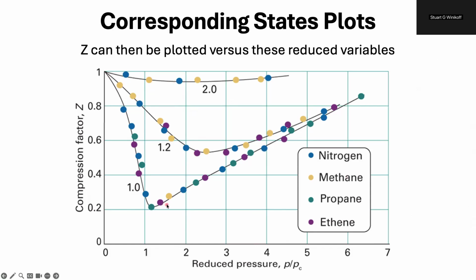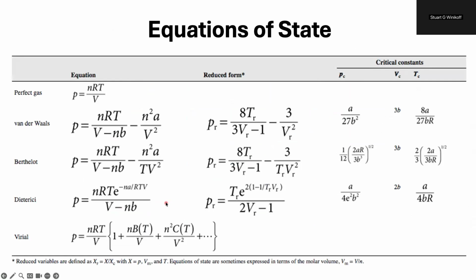And we can see this as we look at the various equations of state. The ideal gas law and the virial equation don't lend themselves to this reduced form quite so easily.